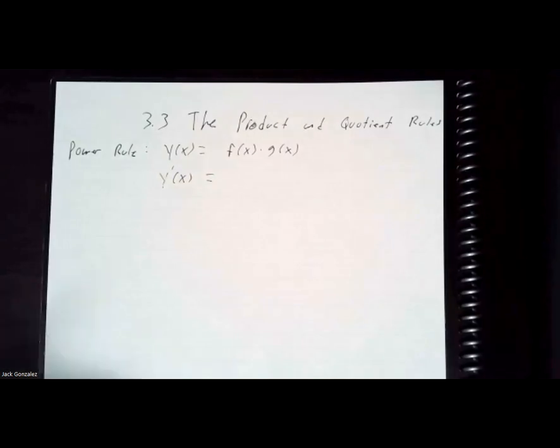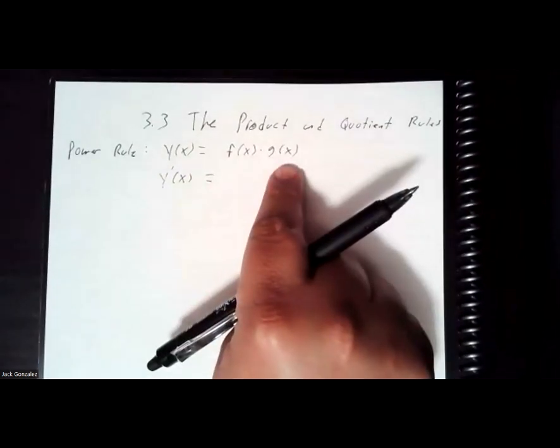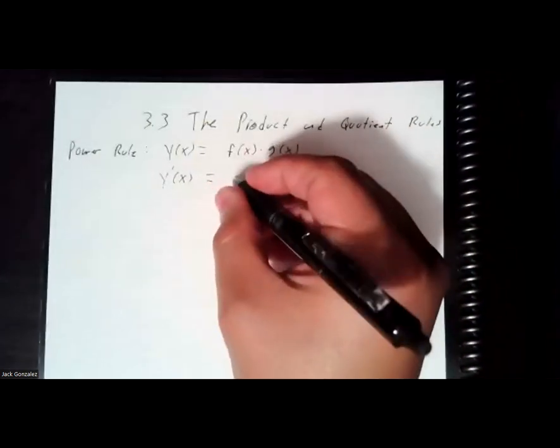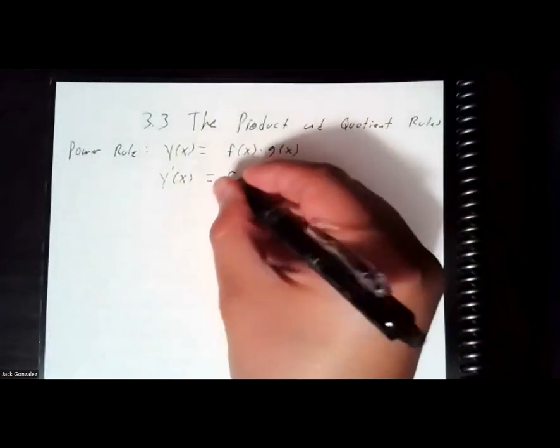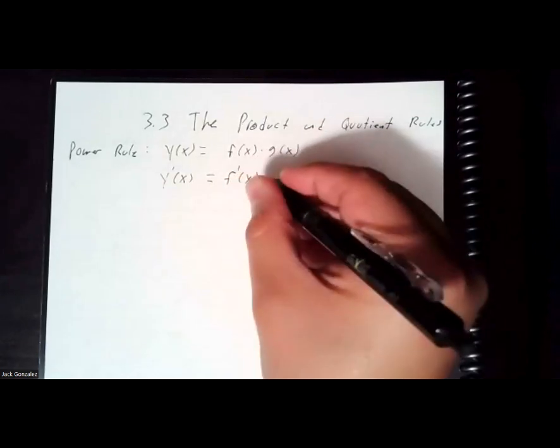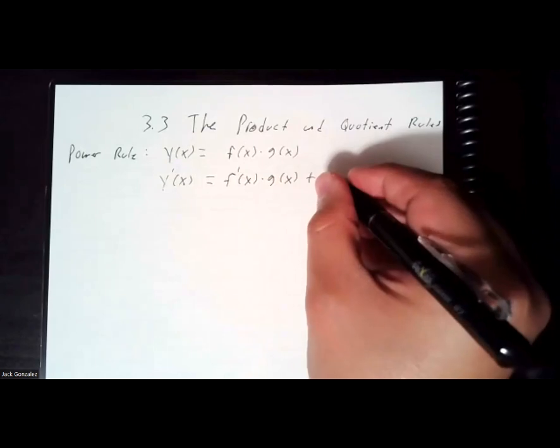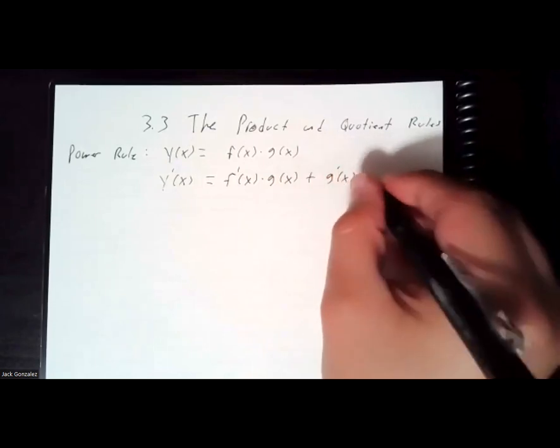So the derivative of two functions multiplied together is going to be the derivative of the first function times the second, plus the derivative of the second function times the first function.